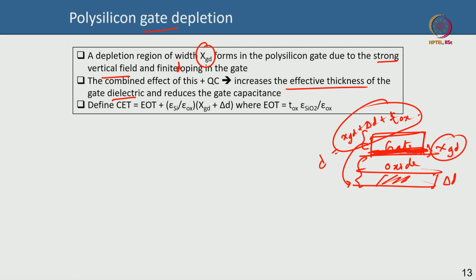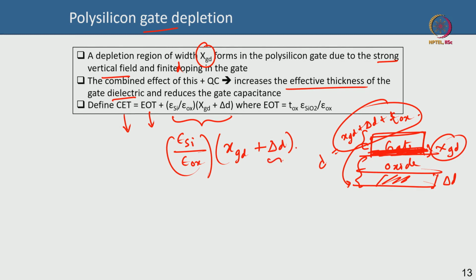It reduces the overall capacitance, and it is not good, because it is not by design, you are losing control on the gate. So, capacitance equivalent thickness is defined as equivalent oxide thickness plus this quantity. You see, this is the dielectric constant of silicon by the dielectric constant of oxide times the depletion in the polysilicon gate, plus delta D. Delta D is finite, you cannot help it, and this polysilicon depletion is also finite.